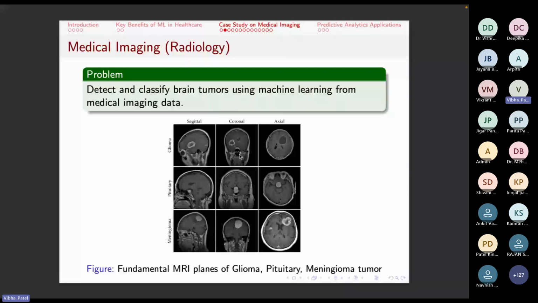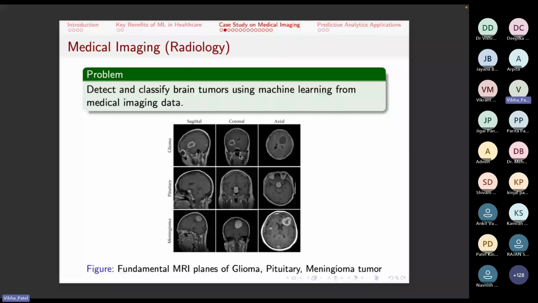Now, there are two possibilities of classification. One is whether we want to identify whether the tumor that exists is cancerous or non-cancerous. The other is whether we want to know which of these three it is: glioma, pituitary, or meningioma.